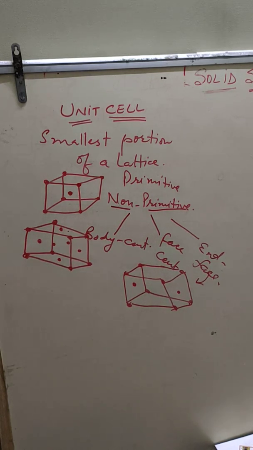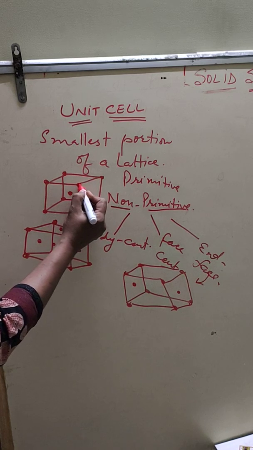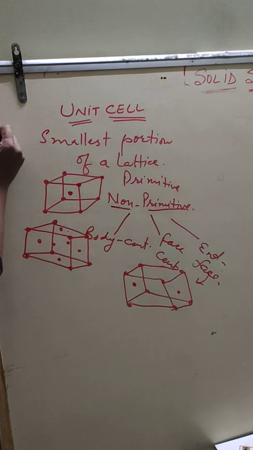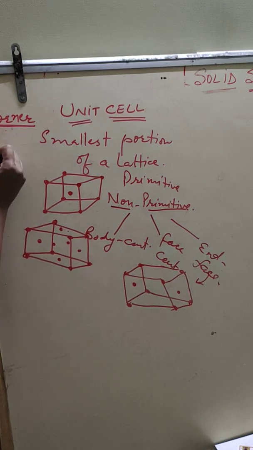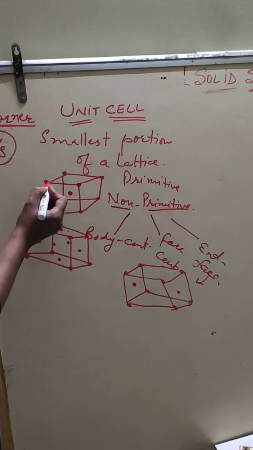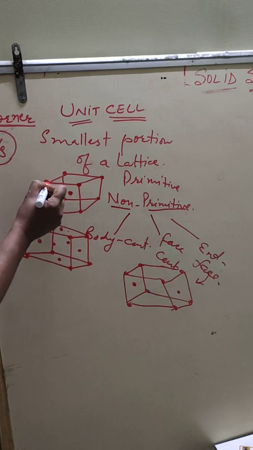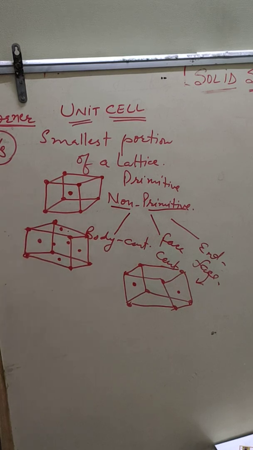That's why the particle which is present at the corner has contribution to its own unit cell of 1/8 only, because ये पार्टिकल जो एक कॉर्नर पे प्रेजेंट है, ये 8 और यूनिट सेल शेयर करती हैं, तो अपनी यूनिट सेल में उसका कंट्रीब्यूशन एक पार्टिकल का 1/8 हो जाता है.